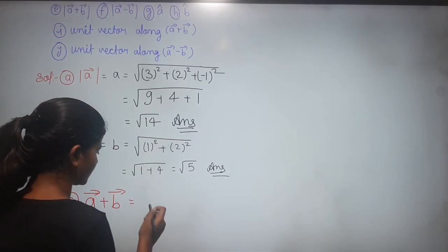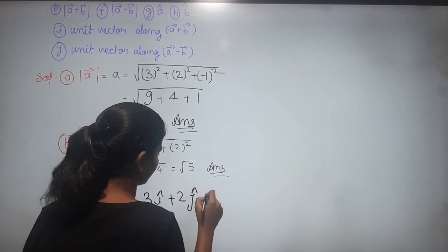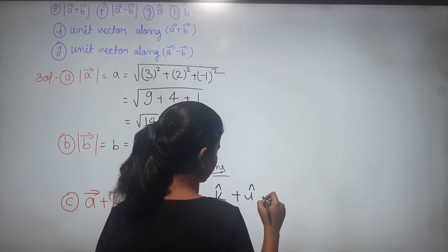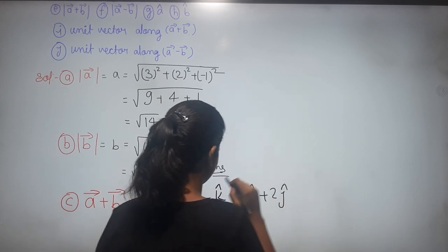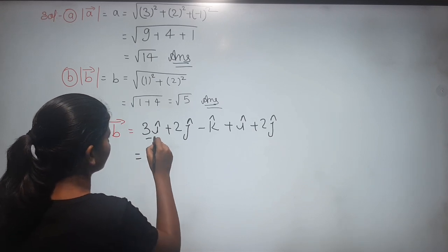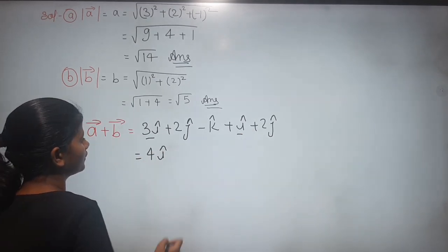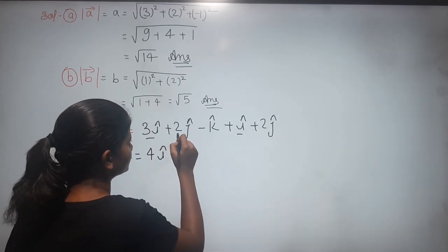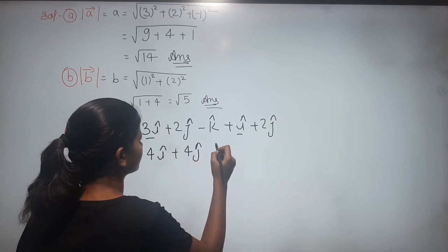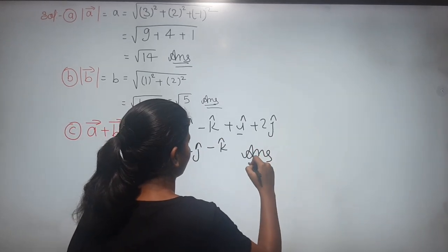So here we can write 3 i cap plus 2 j cap minus k cap plus B vector, that is i cap plus 2 j cap. Now 3 i cap plus i cap, that is 4 i cap. 2 j cap plus 2 j cap, 4 j cap. Minus k cap. This one is our answer.